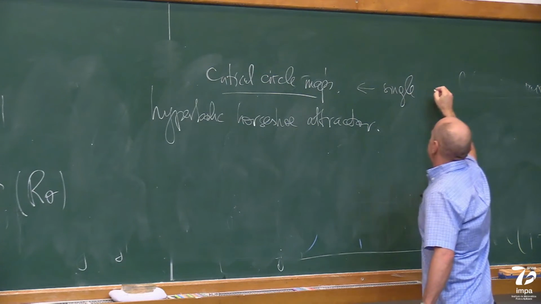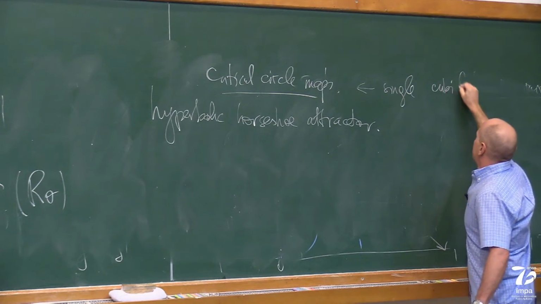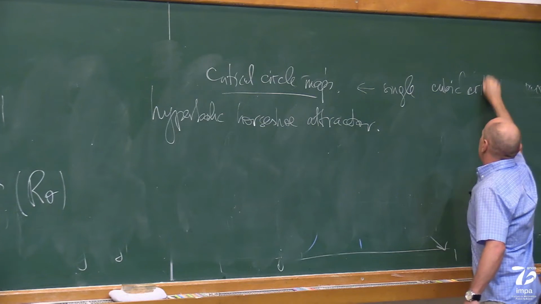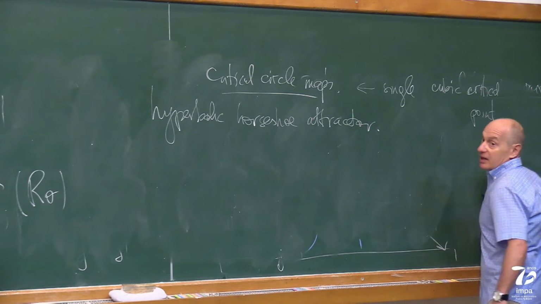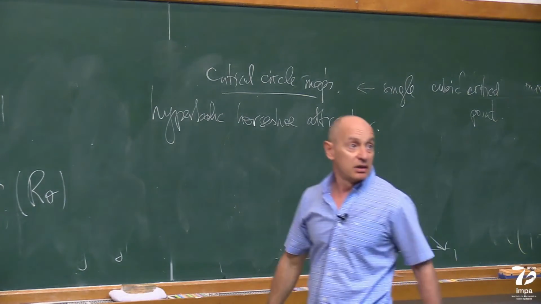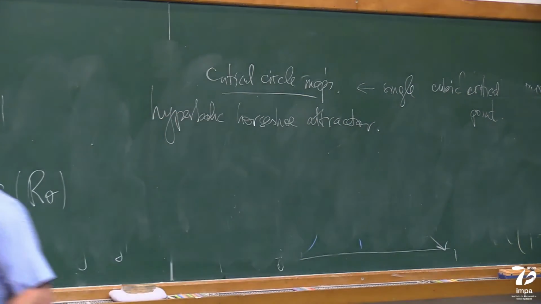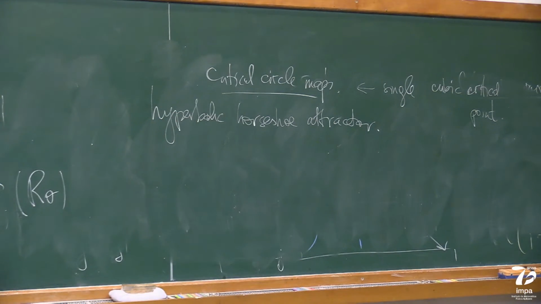Here I'll take a single, say, cubic critical point. Cubic because that's the lowest criticality you could have and still keep this a circle homeomorphism in the analytic category.